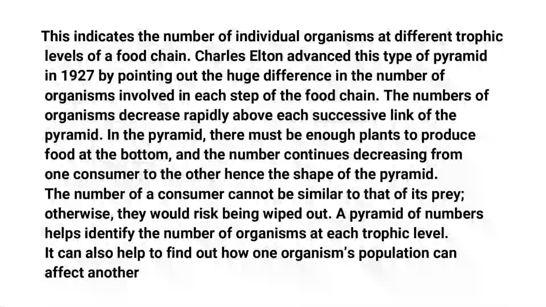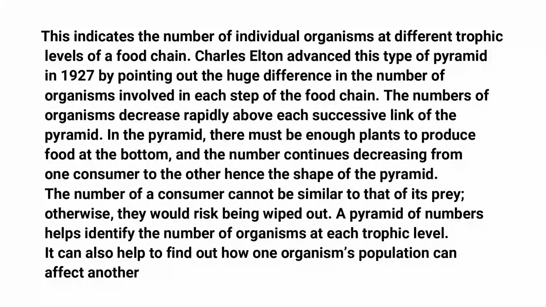The numbers of organisms decrease rapidly above each successive link of the pyramid. In the pyramid, there must be enough plants to produce food at the bottom, and the number continues decreasing from one consumer to the other. Hence, the shape of the pyramid comes out.